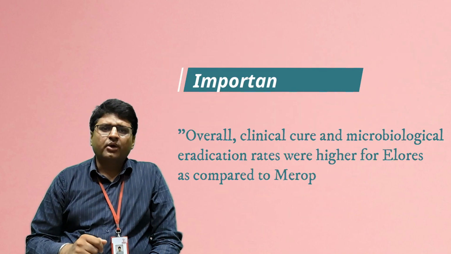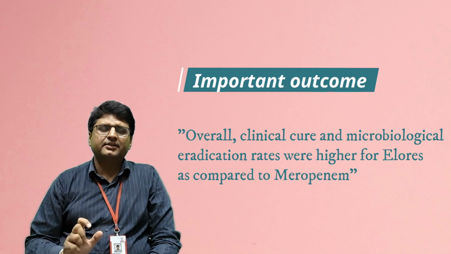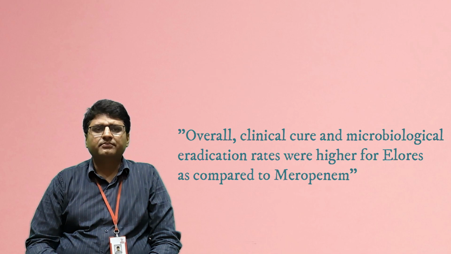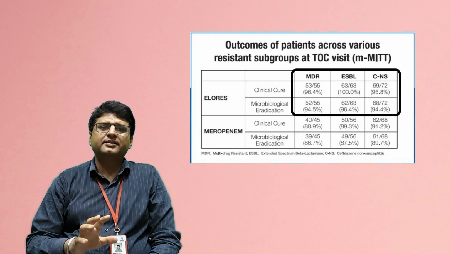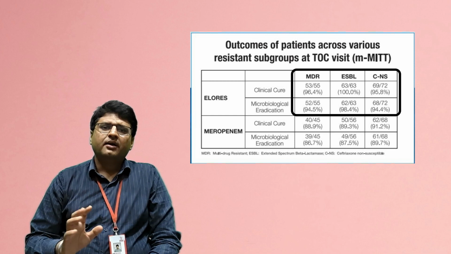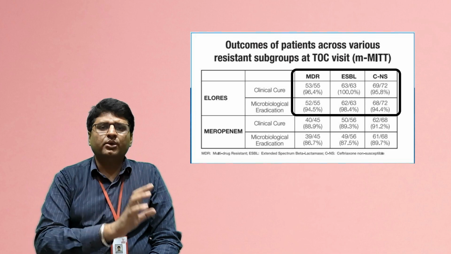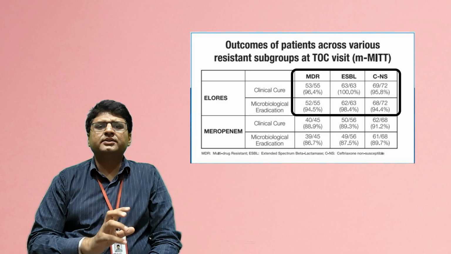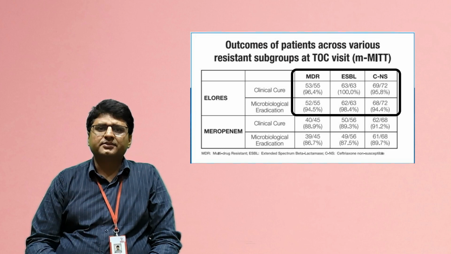Another important outcome was that overall the clinical cure and microbiological eradication rates were higher for Elores as compared to meropenem. For all three subgroups, MDR, ESBL and ceftriaxone non-susceptible, the clinical cure and microbiological eradication rates for Elores were greater than meropenem, which proves that Elores is non-inferior to meropenem for treating these kinds of patients.